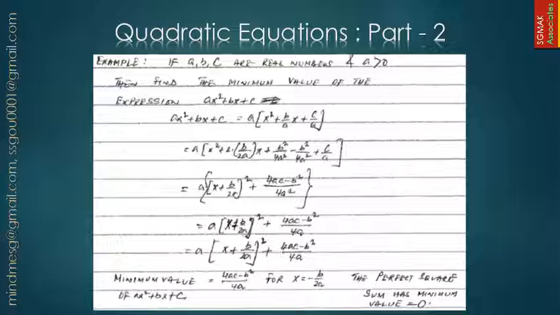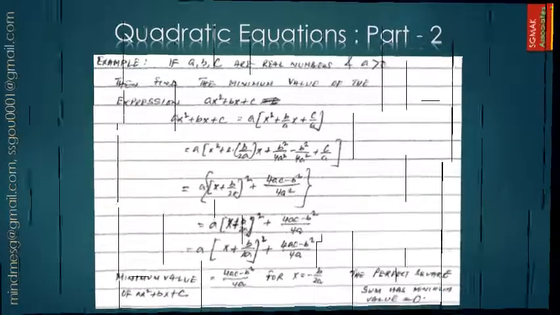The first term is a perfect square, so its minimum value will be 0. So the minimum value of the expression is (4ac minus b squared) over 4a. That happens for the value of x that drives the first term to 0, where x equals minus b over 2a. Okay.